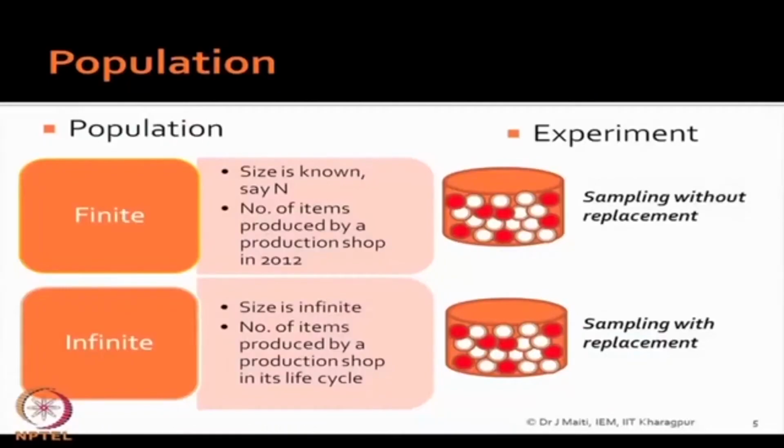One is that your population will be a finite population or an infinite population. A finite population means the size is known, which is N, for example, the number of items produced by a production shop in 2012. For an infinite population, the size is infinite, for example, the number of items produced over the life cycle of the process, which is countably infinite.